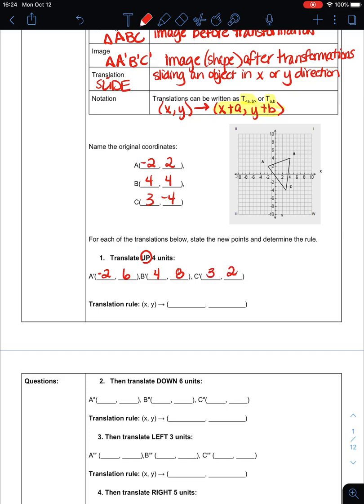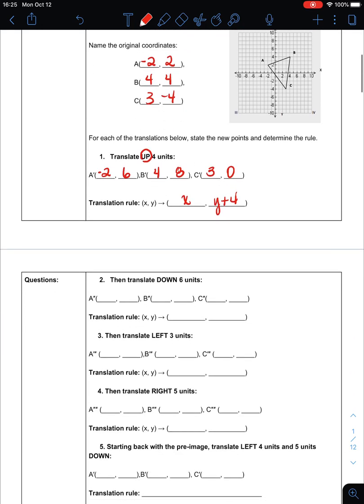So our rule then would be written, our X doesn't change, so we don't add anything to our X value, and then our Y value would be Y plus 4. Actually, I'm sorry, I was adding 6. It should be 0, I apologize. So we would add 4 to our Y value. So -2 plus 4 is 2, wait, 2 plus 4 is 6, 4 plus 4 is 8, -4 plus 4 is 0. And that's how you would write the rule.